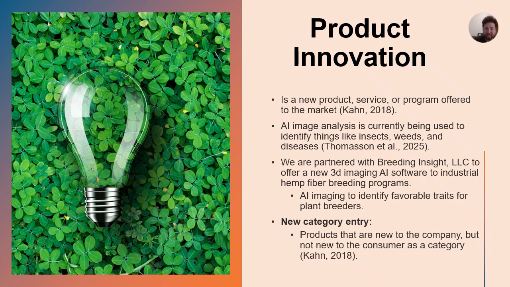In this case, it's a new category entry for Breeding Insights and the USDA. For plant breeding programs, this has the potential to fundamentally change early generation selection strategies, or in other words, it should help you pick good parents for the desired traits you want out of your crops.